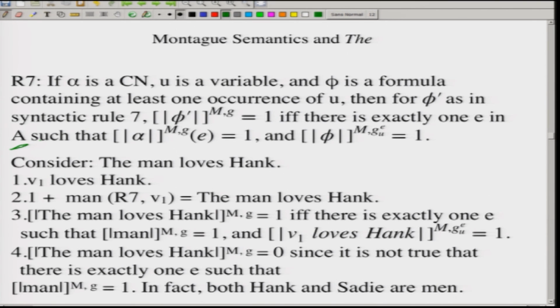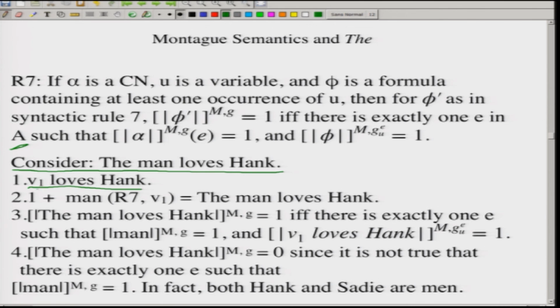So, look here, we consider just one sentence: the man loves Hank. Is it a true statement or not? Of course, it is a statement. Now, what is the derivation? It starts with v1 loves v2, v2 is replaced by Hank, but we are not getting into that.